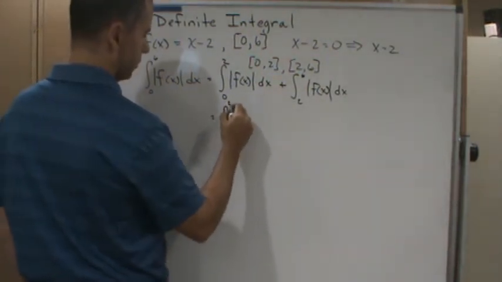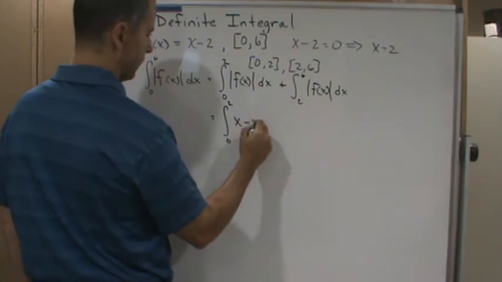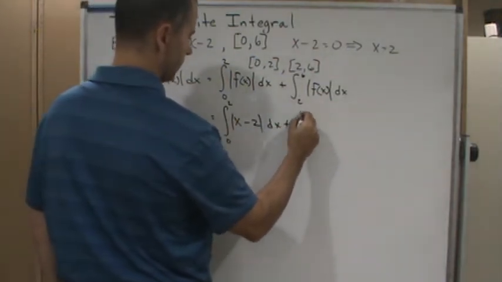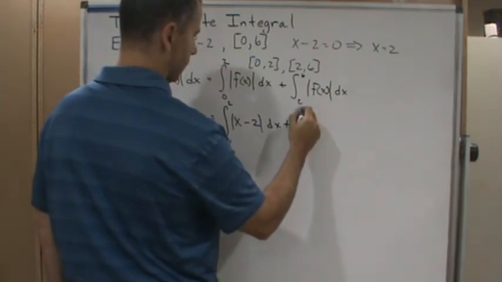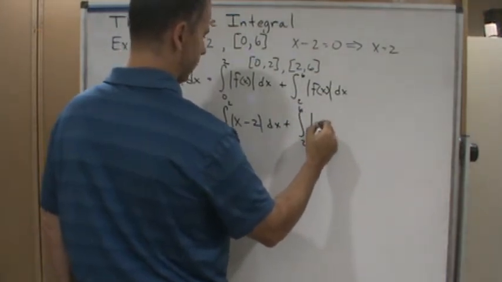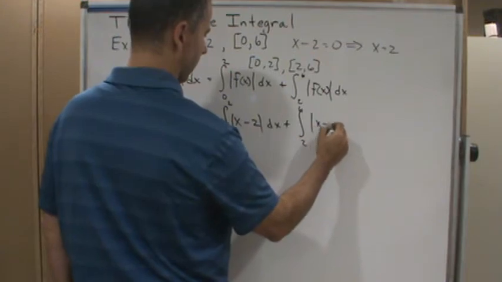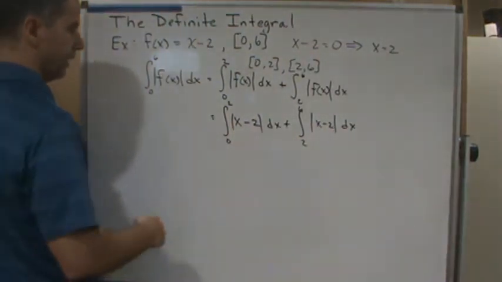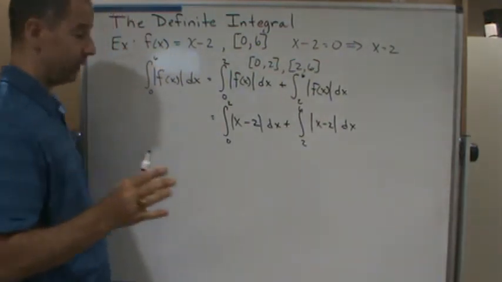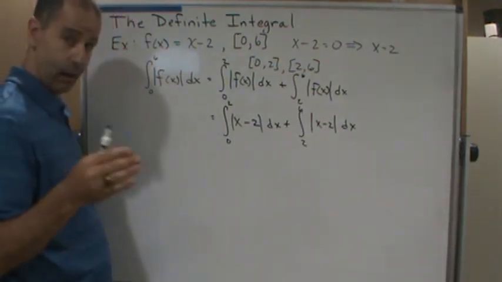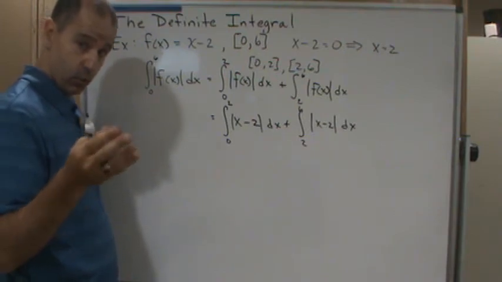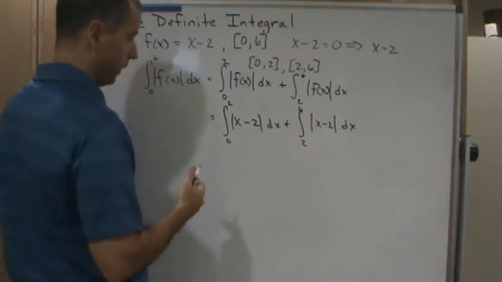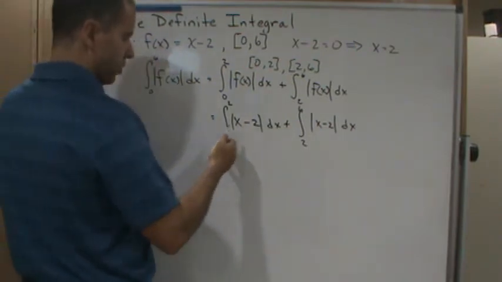We get the integral from 0 to 2 of the absolute value of x minus 2 dx, plus the integral from 2 to 6 of the absolute value of x minus 2 dx. Now, remember when we talked about how to integrate using the rules in previous lecture videos? Well, let's do that here.